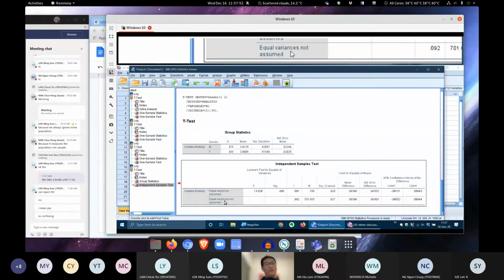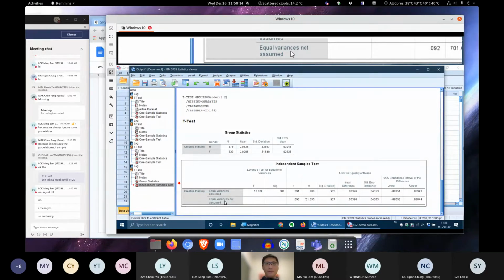Now, why do we need to do these two different cases? The reason is that for the independent samples t-test, the formula is different in these two cases. You don't have to worry about why the formula is different. You just need to know that there are two different formulas in the two different cases.